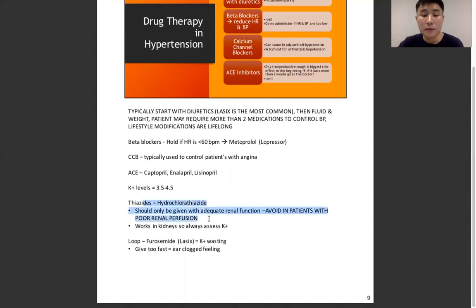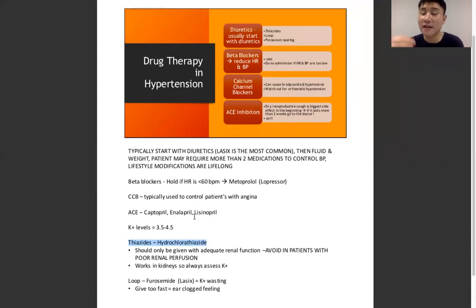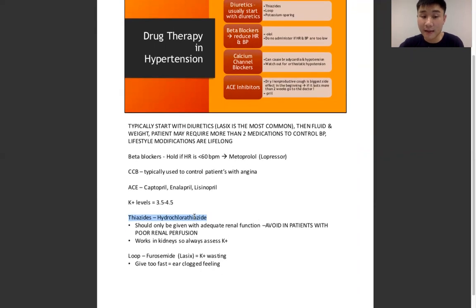All right. So earlier I mentioned diuretics. These are some of the subsets of the diuretic. I talked about furosemide earlier, so we're not going to go over it again, but let's focus on thiazide first. Thiazide is also known as hydrochlorothiazide. This medication is a subset of the diuretic class, and it should only be given with adequate renal function, meaning that when we give this medication, we have to check the level of BUN and creatinine, right?